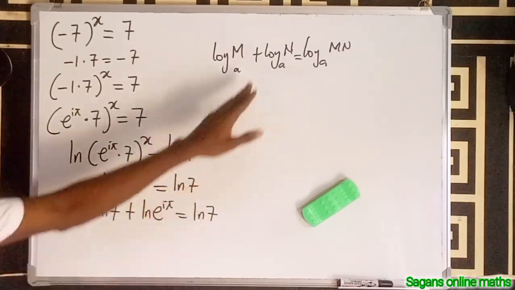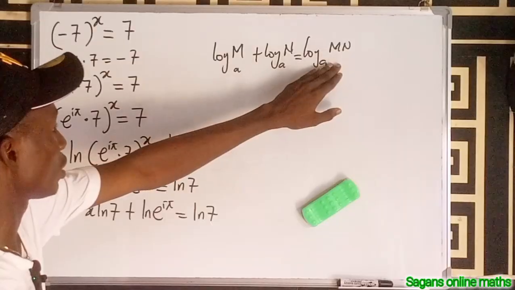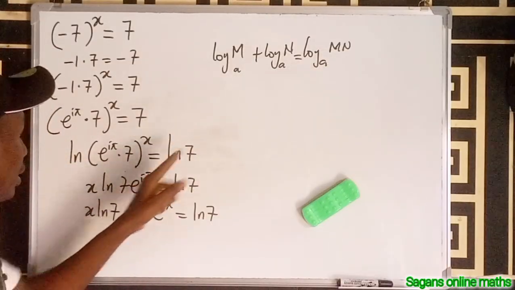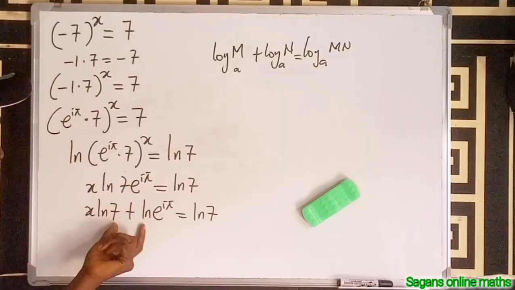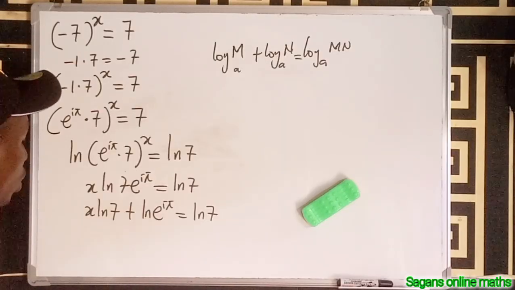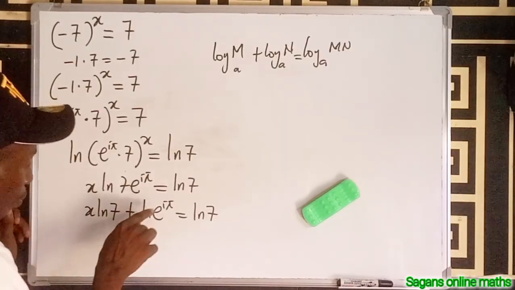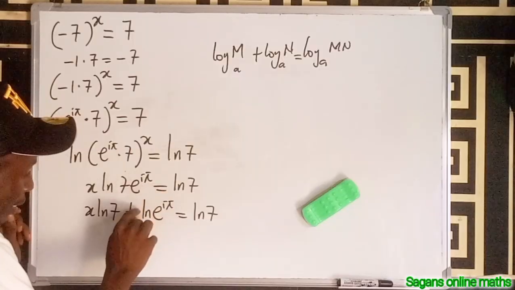Because if this is true, it gives us this form, so we are taking it back to this form. And I want you to understand that the power here can also go back here to become what?